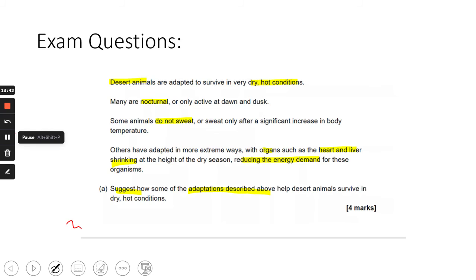Sorry, I managed to delete the highlighting, so I just re-highlighted the different bits. Okay, so I want you to have a go on your own, but I'm just going to point out some different things that you could focus on as suggestions. Many are nocturnal, so think about what part of the day is hotter and why being nocturnal would be useful.